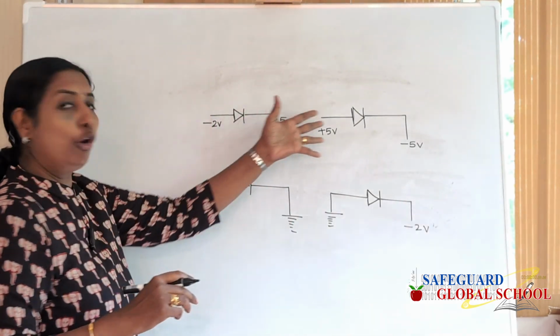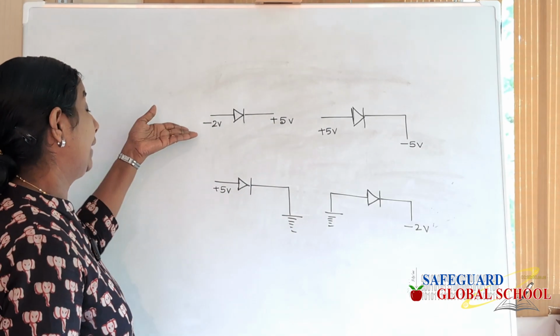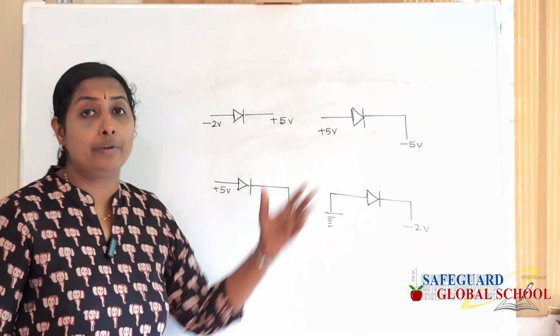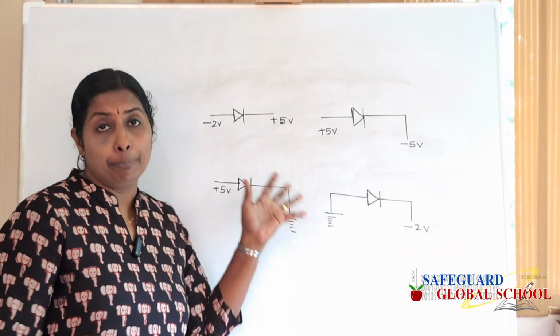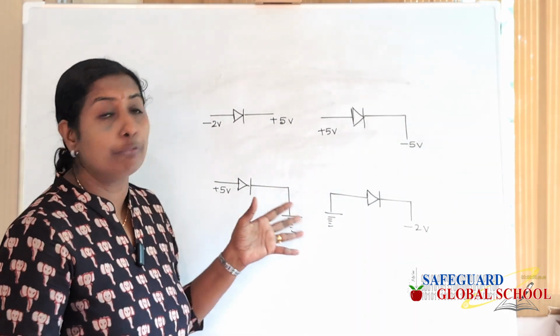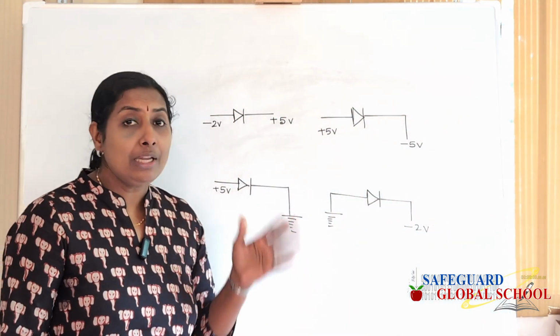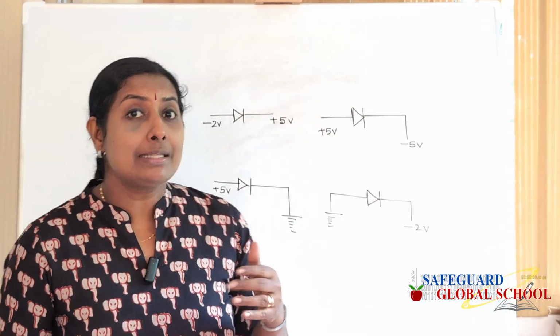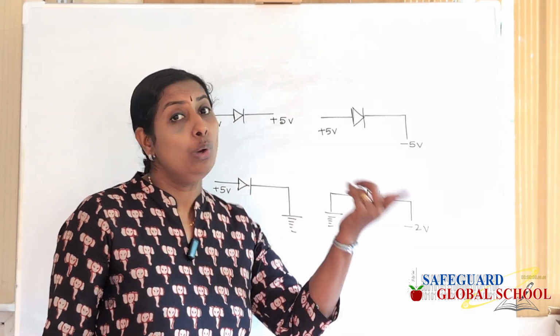These are the 4 examples that I can show you, and can you analyze whether each is in forward bias or reverse bias? For tackling this type of question, it can be a sure question for your board examination. How can we do this? Usually what is forward biasing? It is the positive side connected to positive and the negative side connected to negative.